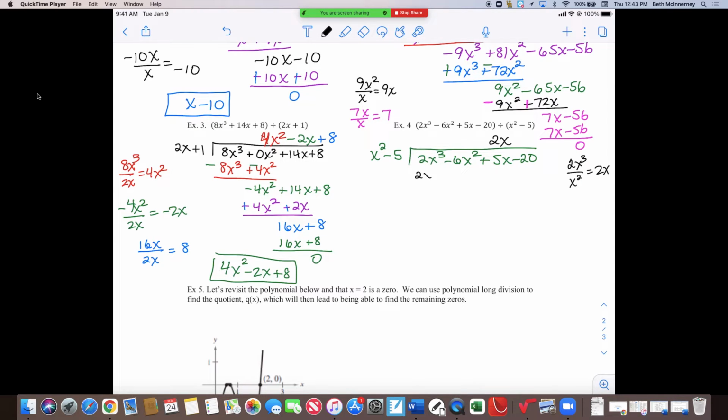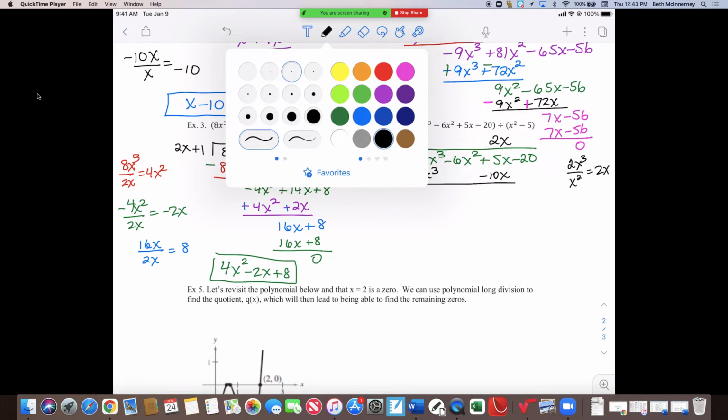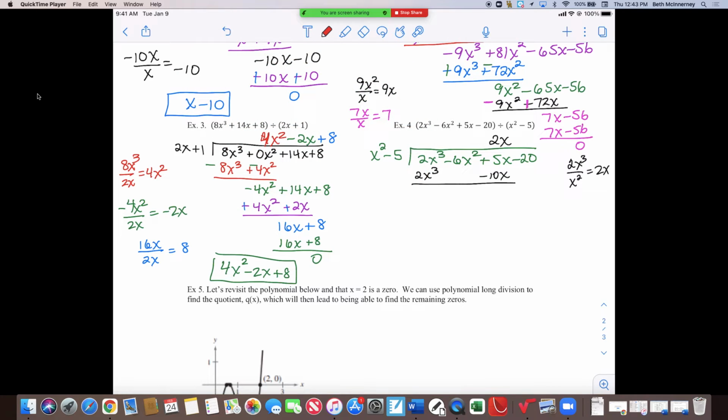But watch what's going to happen. This is going to give me 2x cubed, and then I didn't get an x squared. So I don't put the minus 10x under the 6x squared. It lines up with its like terms. All right, so now I'm going to subtract. So for me, I'm going to take the opposite and add.